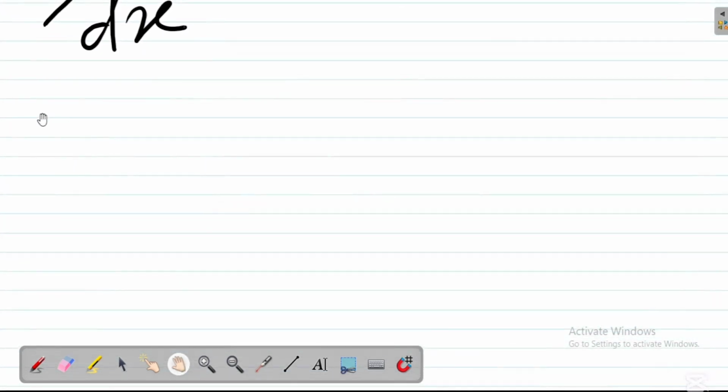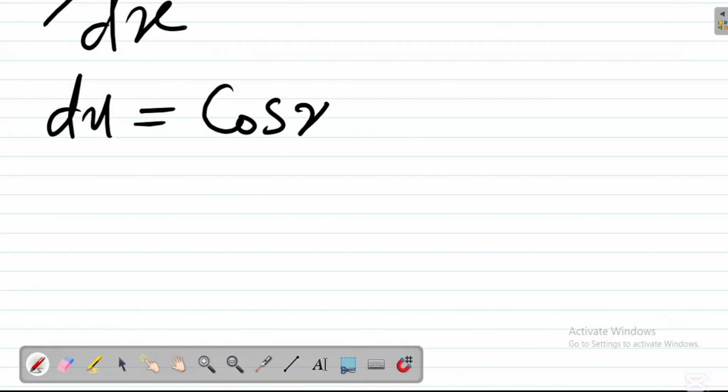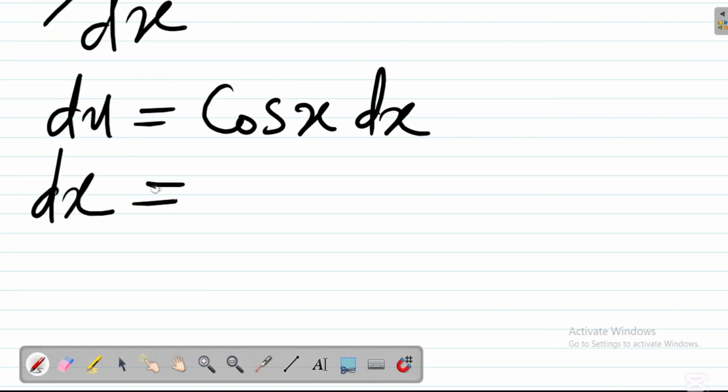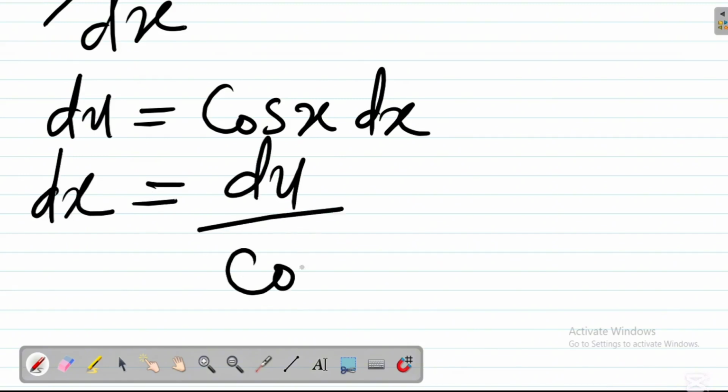Now our next task is to cross multiply. So if we cross multiply, we would have du equals cos x dx. So let's make dx the subject formula. We have dx equals du all over cos x.